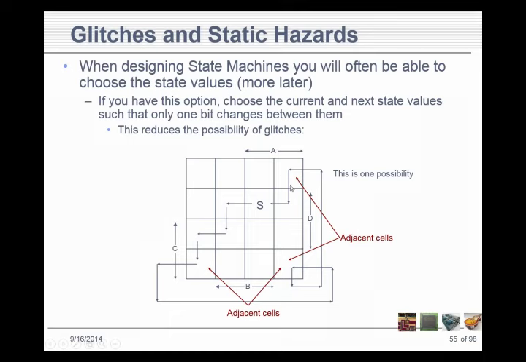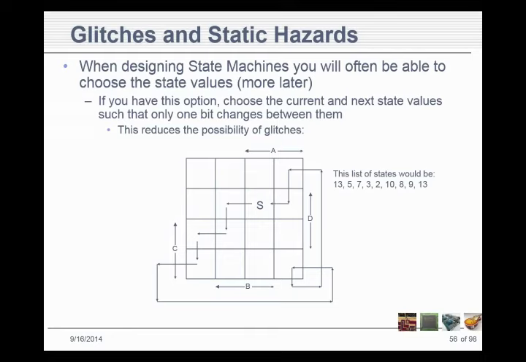This one was just to throw more stuff in there, but I could have gone from here to here and then here to here, and that's the same number of moves. Okay, well, what happens if it's one too many moves, but it makes the best glitch-free circuit? Well, go ahead and put that one in there, but you'll never hit that state anyway. But go ahead and put it in there for your design, and it'll help.